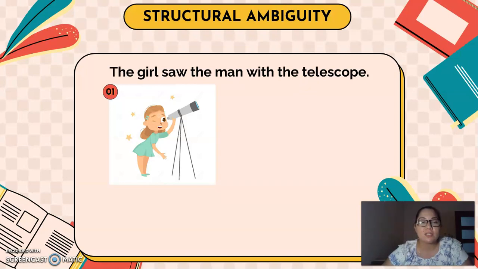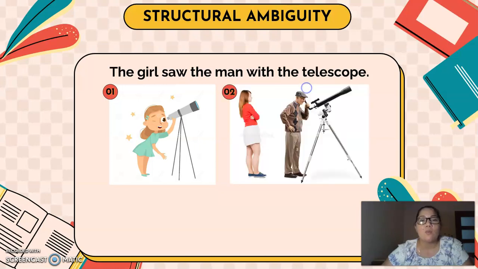The first meaning we could say is that the girl saw the man with the telescope. We could say that she is using a telescope through the one she is able to see the man. While the second meaning, we might understand that the girl is looking at a man that is using a telescope.